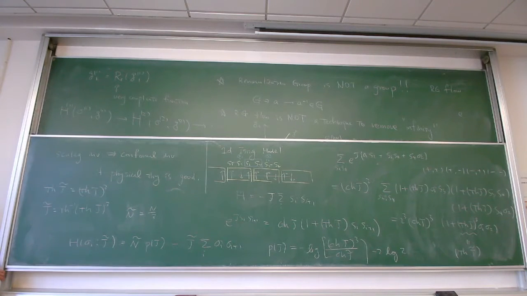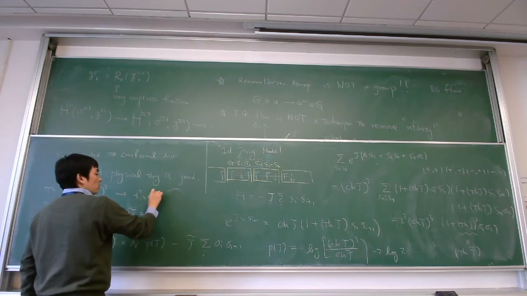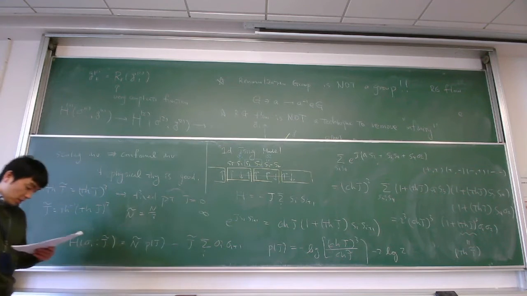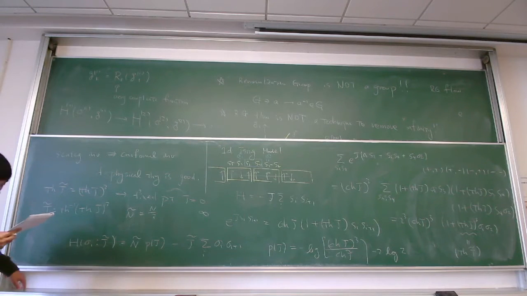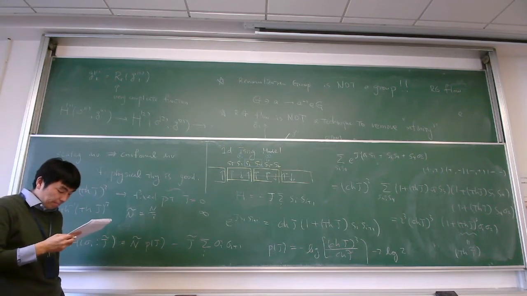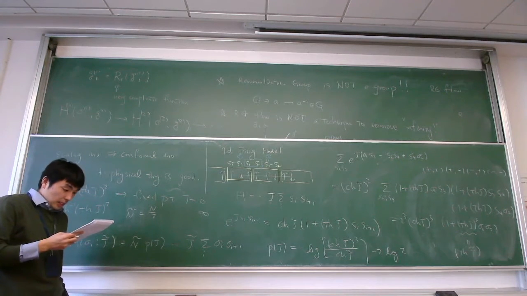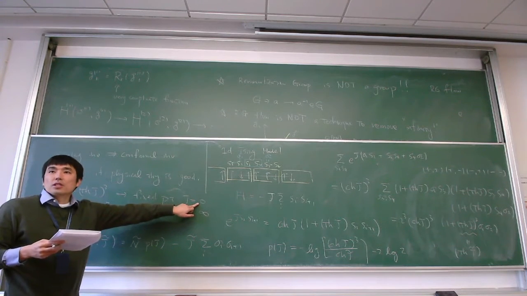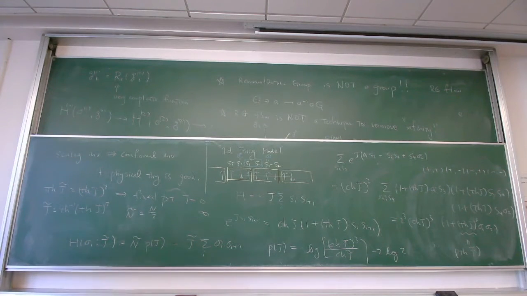So therefore, this fixed point is either J is equal to 0 or infinity. 0 means really high temperature, and infinity means zero temperature.